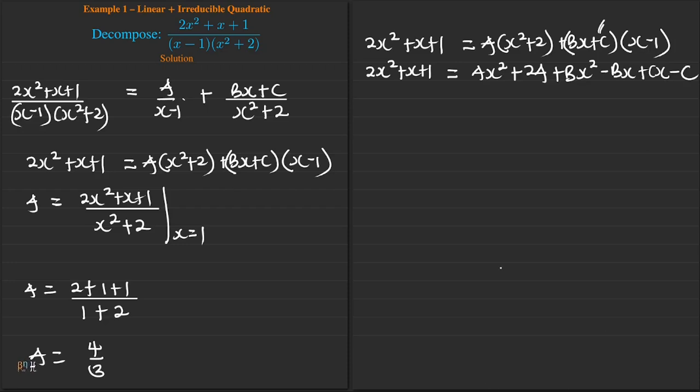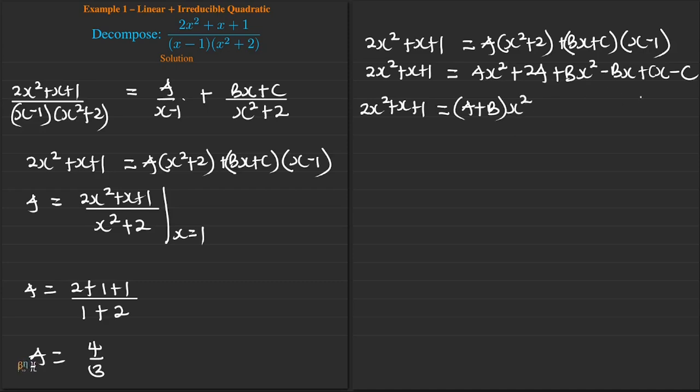So with this, you can now group terms with respect to their variables. So we have 2x squared plus x plus 1. Let's group all those with x squared. So with that, we have Ax squared and then Bx squared, so that we pick only their coefficients. So we have (A plus B)x squared.